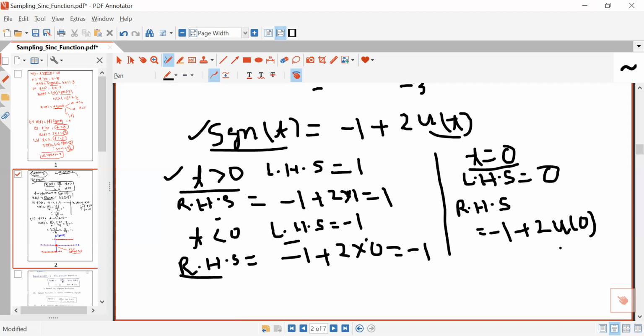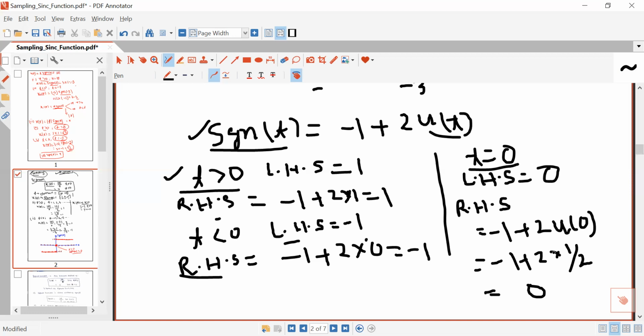And in various research articles or in various books you can check, the value of unit step signal at t equal to 0 can be equal to half. And you must remember it also. The value of unit step signal at t equal to 0 will be half. And when you solve this expression, you will get 0.